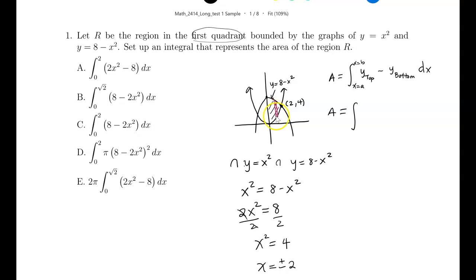And then the function at the bottom, that means from the top of the strip to the bottom of the strip. The bottom of the strip touches the curve y equal to x squared. So the y at the top is 8 minus x squared, and the y at the bottom is x squared.